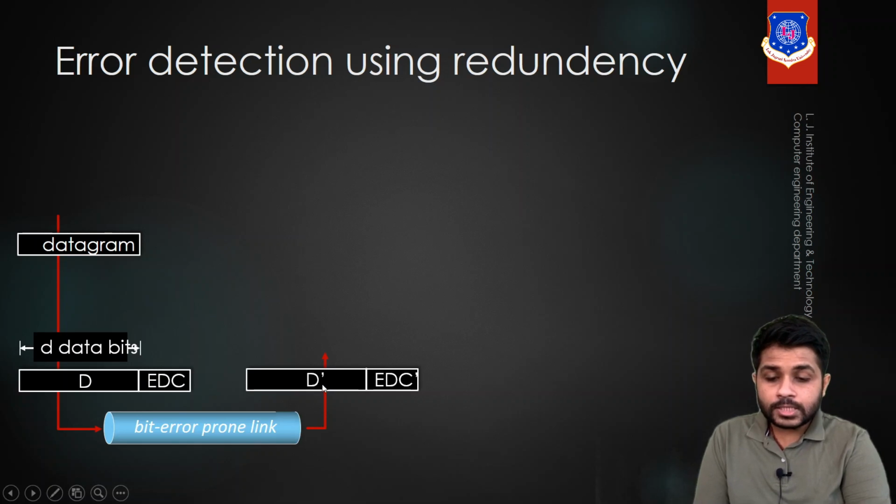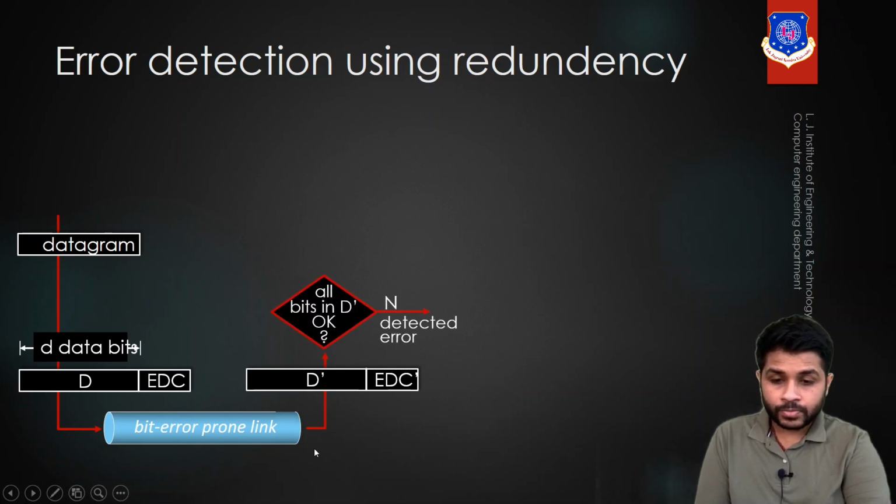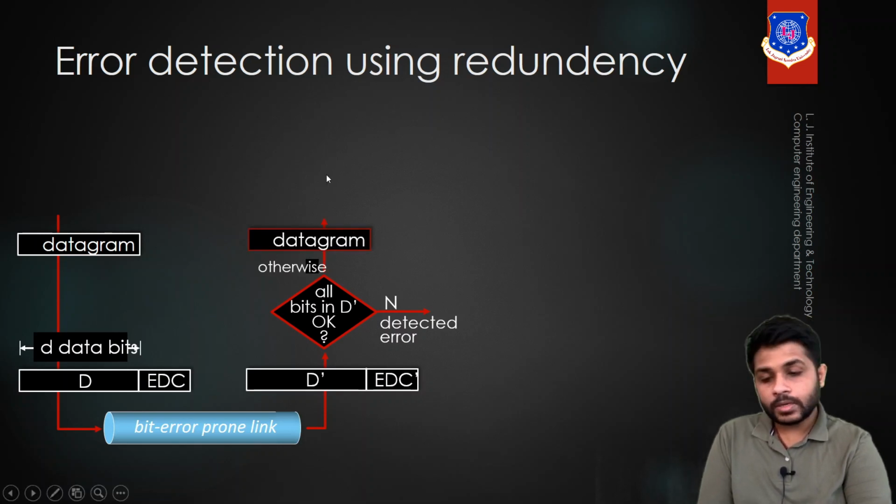When the receiver receives it, the receiver will check for errors. If no errors are detected, the data will be delivered to the destination, but if any error is detected, the receiver will discard the data.